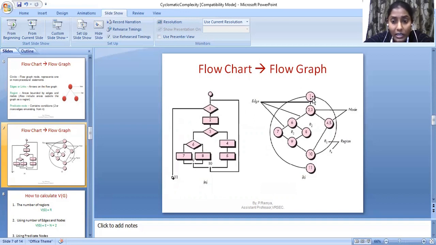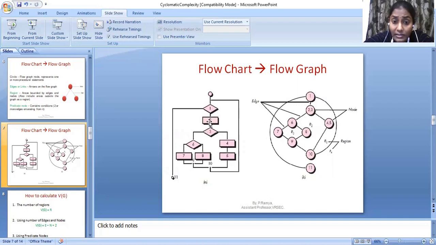Similarly, node 1 will have two links, one to 11 and one to 2.